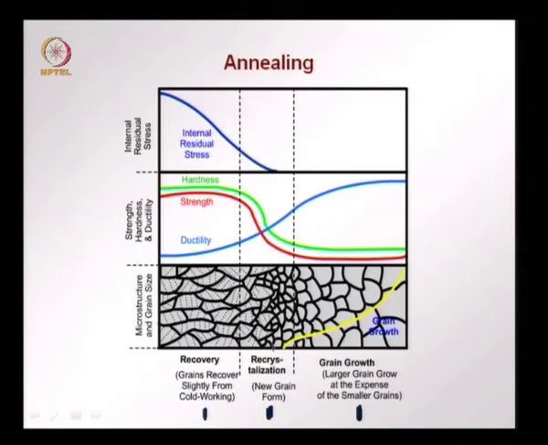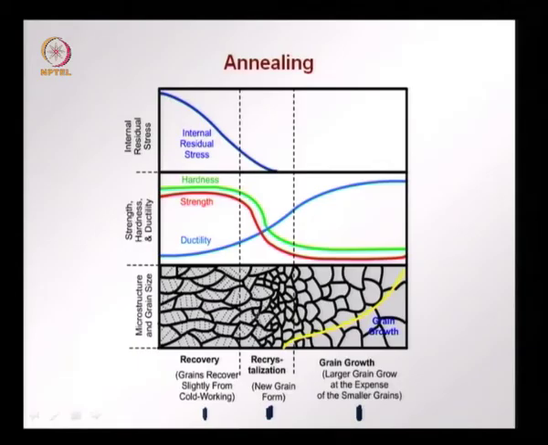In the next phase, more sustained temperature, we find new grains starting to form. The residual stresses are now completely gone. There is hardly any residual stress remaining in the material, and this coincides with a drastic drop of hardness and strength. So, hardness and strength have come down significantly, whereas ductility continues to increase.